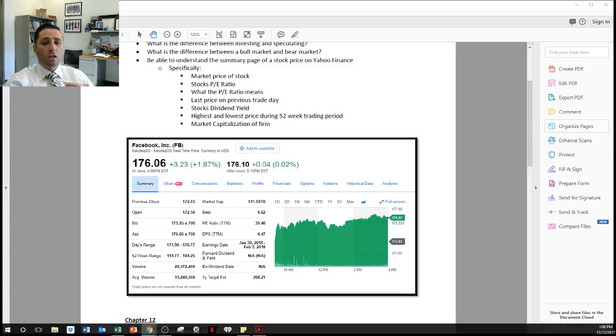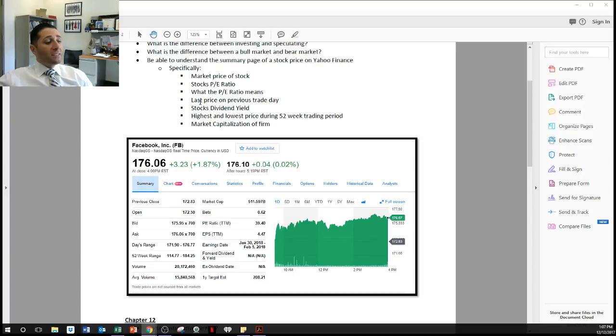So that's what we're talking about with the PE ratio, that we're calculating, based off of the price, how much the investor is willing to spend for that $1 of earning, and they're willing to spend about $40, $39 for that $1 a share, right?